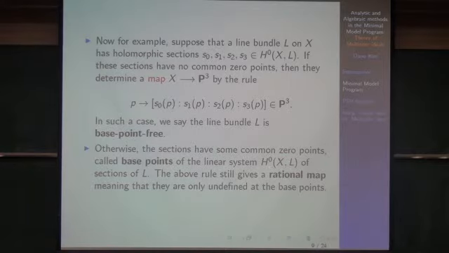We also think of this vector space of all holomorphic sections, and it can also be named a linear system. So when you have some base points, this rule still works in the sense that, except at those points where it's not defined, it is still giving some kind of map, which is called a rational map, in the sense that it may not be defined on some subset of points.